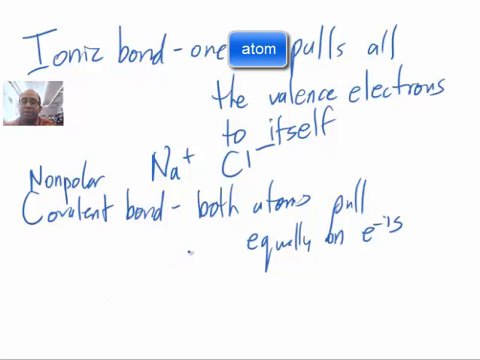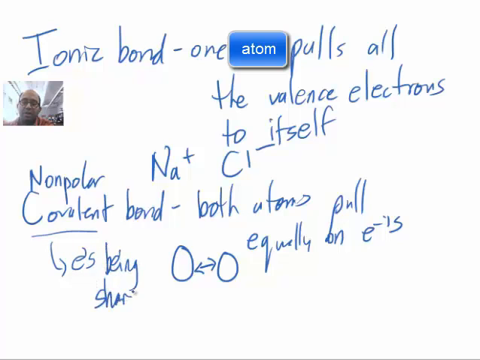So that would be like if you had two atoms of the same type, O and O. They're the same atoms, so they're going to be pulling on the electrons the same amount. So there wouldn't be any charge distribution. It would be non-polar. So you often see for a covalent bond the electrons are being shared.